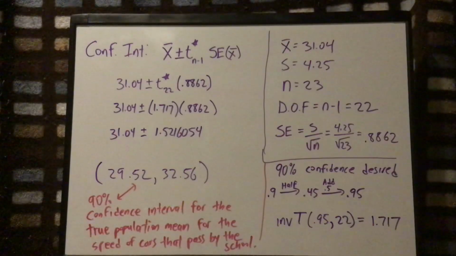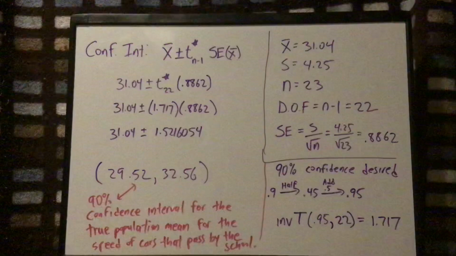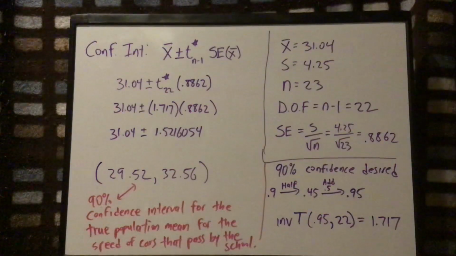Even though that would be statistically significant, they would definitely be speeding if the confidence interval was from 31 to 33. It wouldn't be very meaningful, right? Like, are kids going to die because they're going 2 miles an hour over the speed limit? Is it good they're going over the speed limit? No, but they're not going over the speed limit in a manner that anyone would care about.